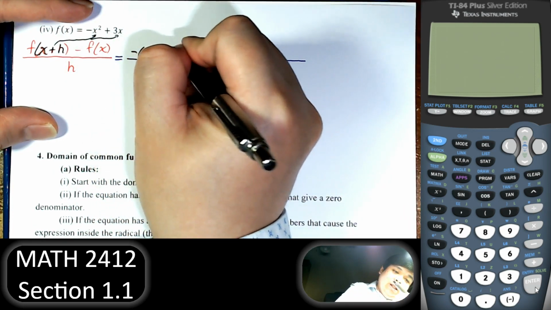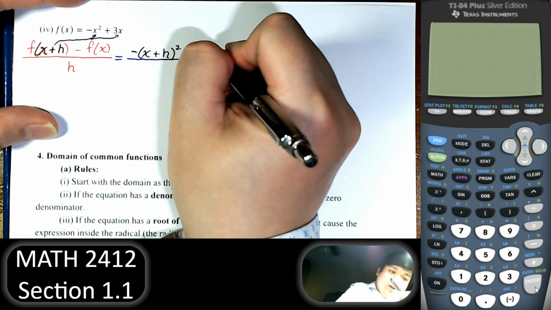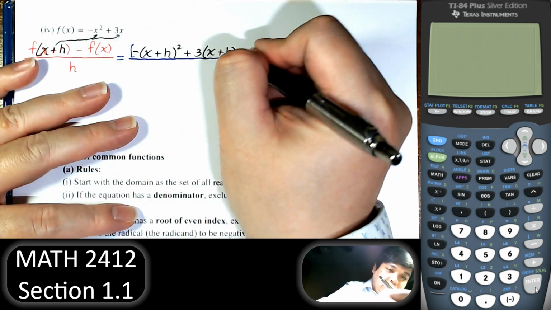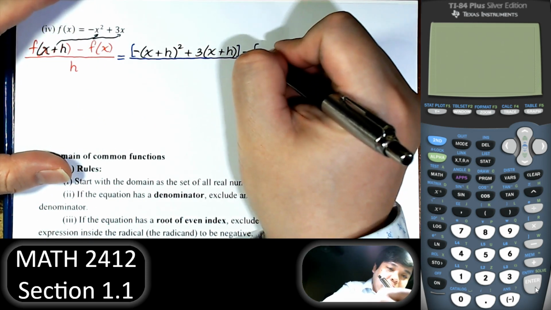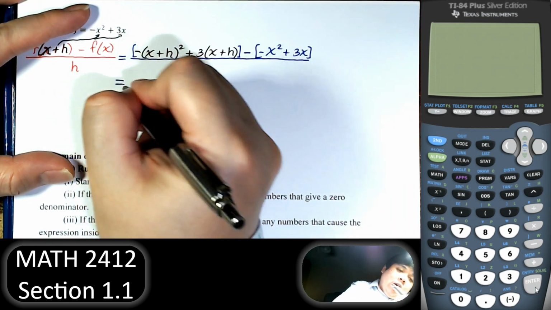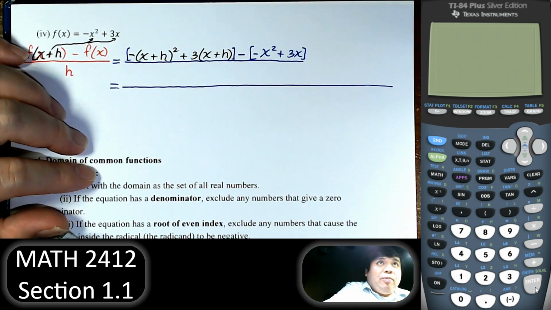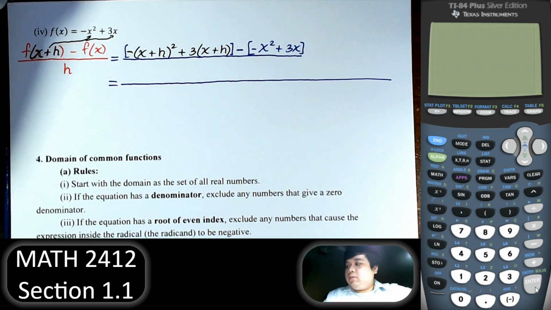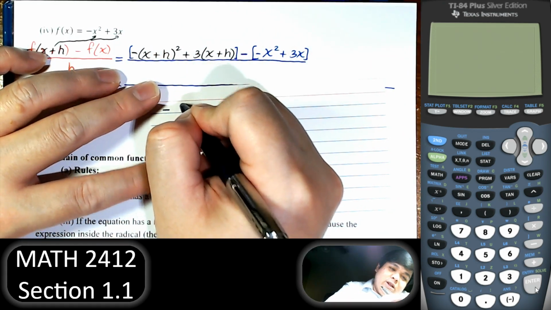So we have negative x plus h, and plus 3 times x plus h, right? Subtract the original function. Right, multiply it all out and remove the parentheses. Right, the negative x plus h. Just keep the minus for a moment.